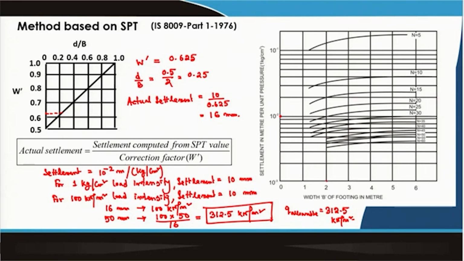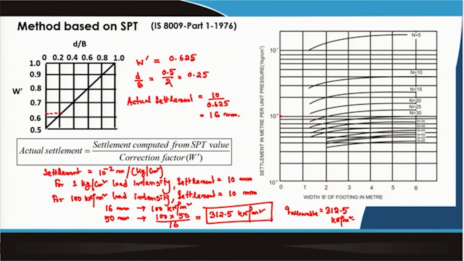Okay. So, to cross-check that, now you use another correlation so that we can determine the allowable bearing capacity directly. Because in this case we have determined the safe load considering bearing capacity and considering settlement separately, and then the minimum of these two is the allowable bearing capacity. But if I use another correlation, we can directly get the allowable bearing capacity.